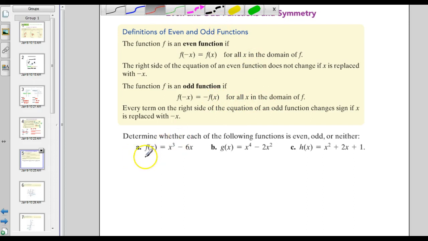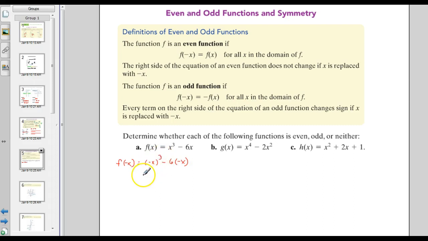So for A here, if I plug in negative x, I cube the input and I subtract 6 times the input. So I cube the input, here negative x, and then I subtract 6 times the input of negative x.